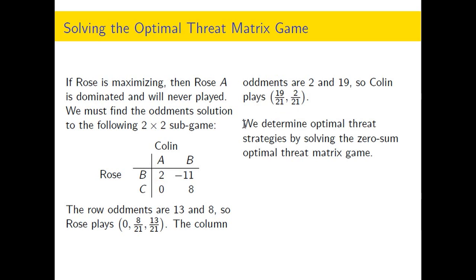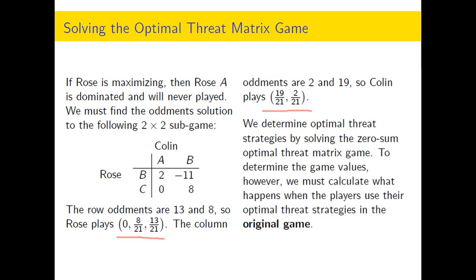But we don't solve for the value of the game in the threat matrix. What we do is we say, okay, if Rose would play this as her optimal threat, and Colin would play this as his optimal threat, we're going to go back to the original game and calculate what these strategies would do against each other there.